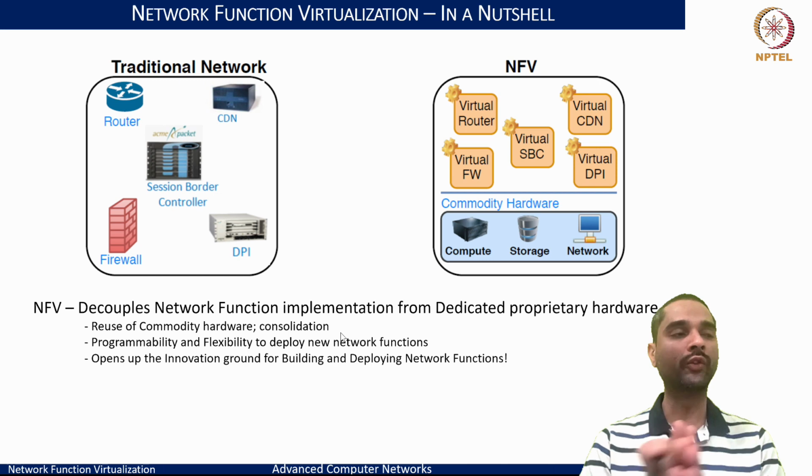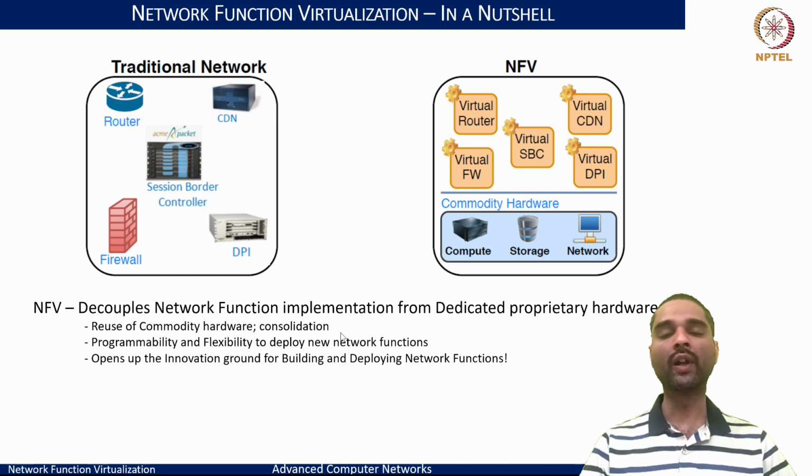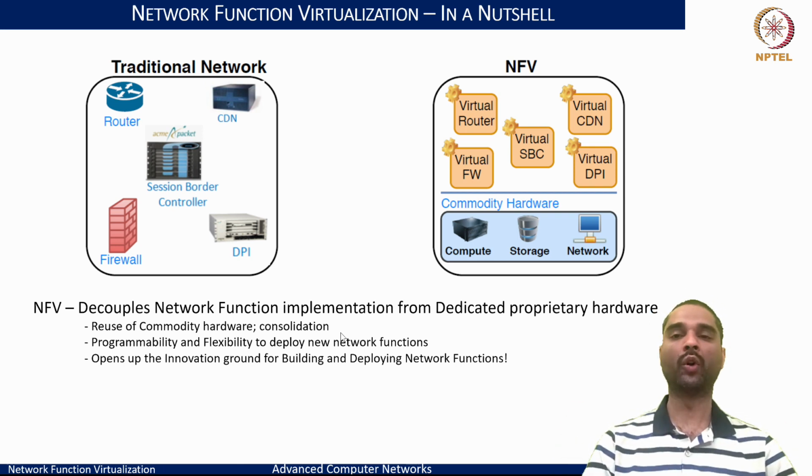This is equivalent to how we saw SDN help us with respect to the centralized control plane. So now we have one point or one device where we can control. Likewise, because we are able to run these on the same commodity hardware, the other benefit that we leveraged in SDN was also programmability.